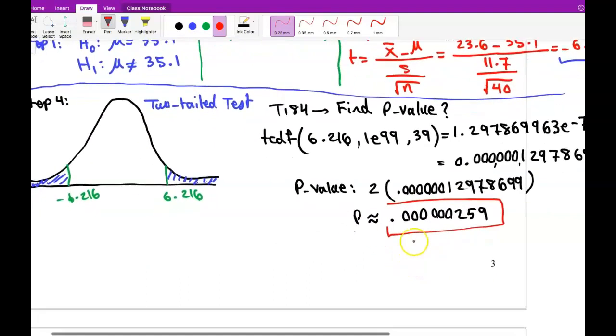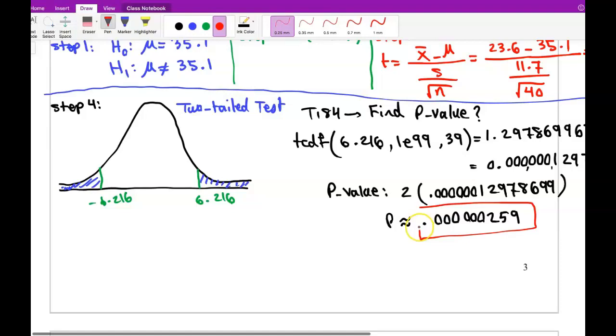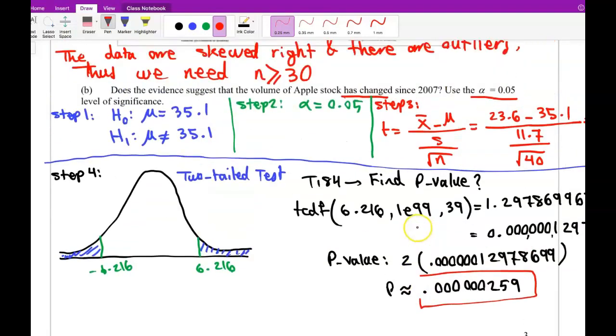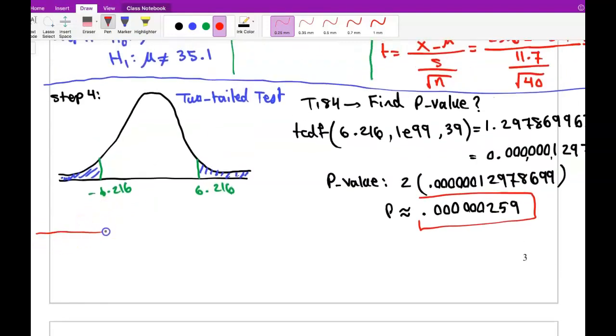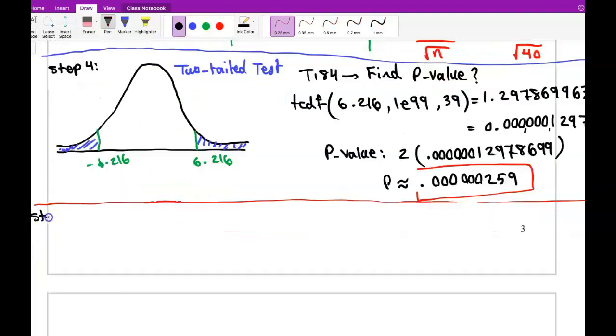Then comparing this number with alpha, and alpha is 0.05. Now step 5: is this p-value less than alpha? We got that number for p.